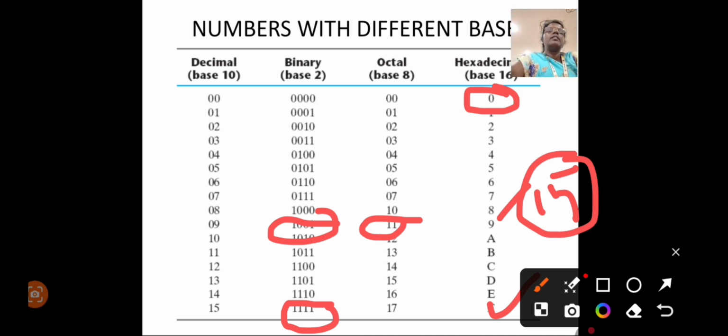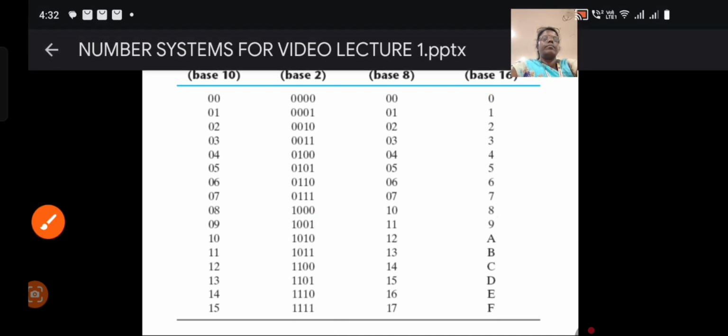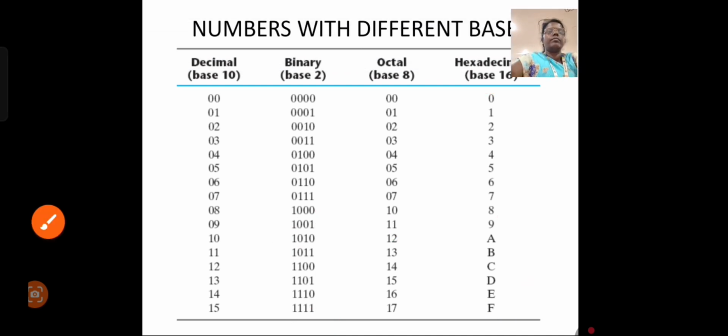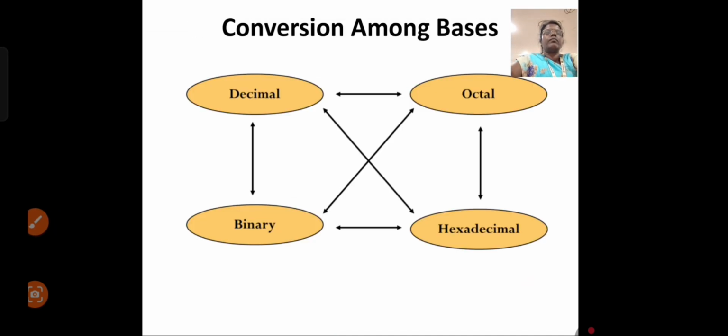That process is called conversion between the number systems, which we can achieve easily, and that we are going to discuss. Conversion among bases: what are the possible conversion processes available? Each and every number system can be converted to other corresponding number systems.